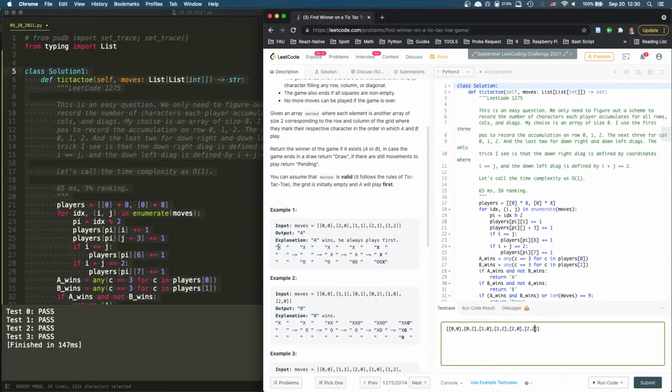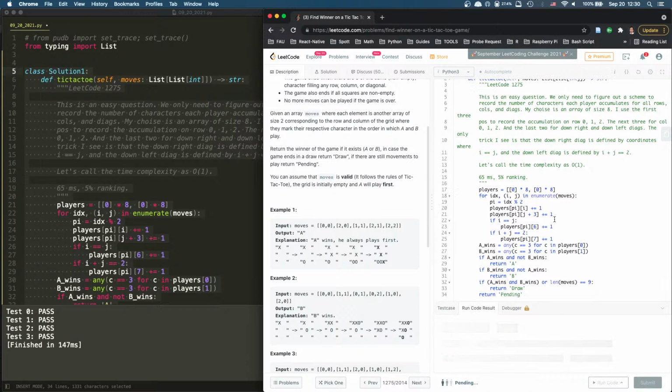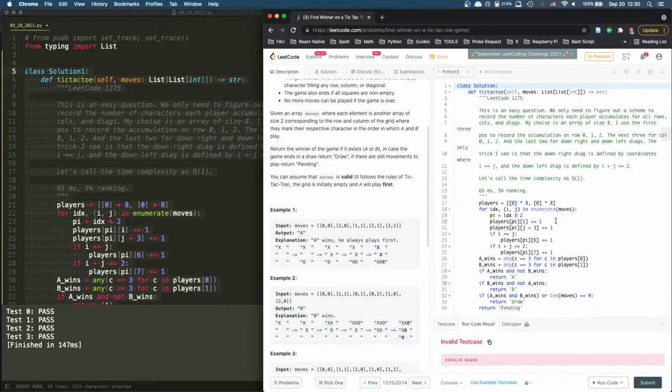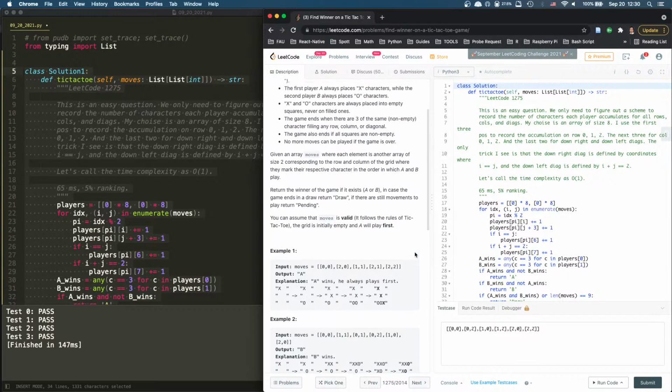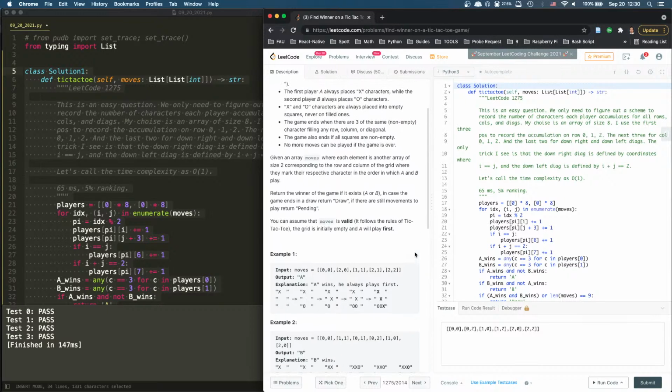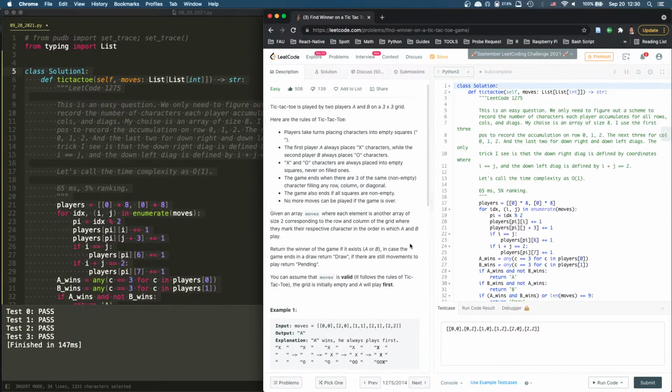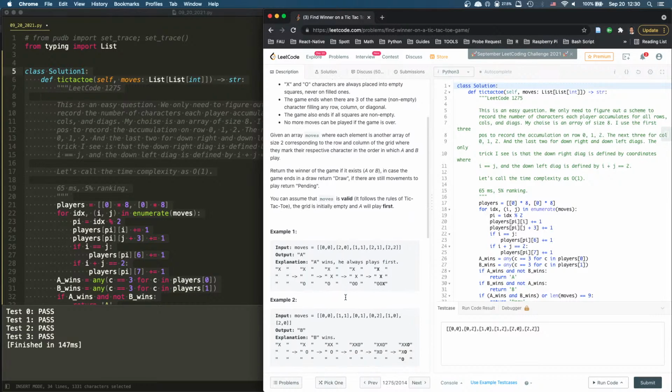So A is filling this column, B is filling this column. Who wins? In my condition, it will be a draw. Oh, it's invalid. Wait, why is this invalid? Oh, because one of them is already done.